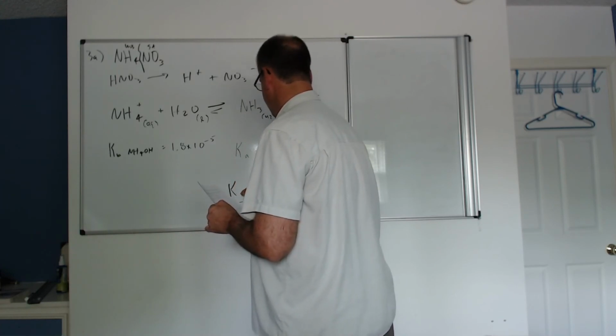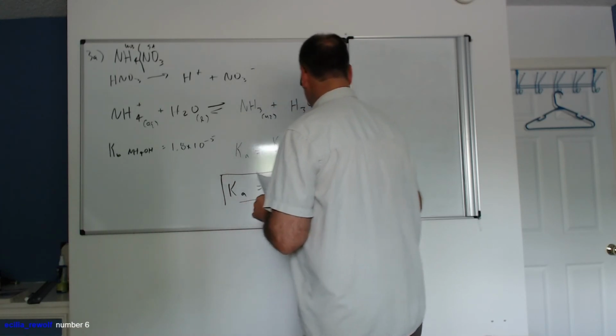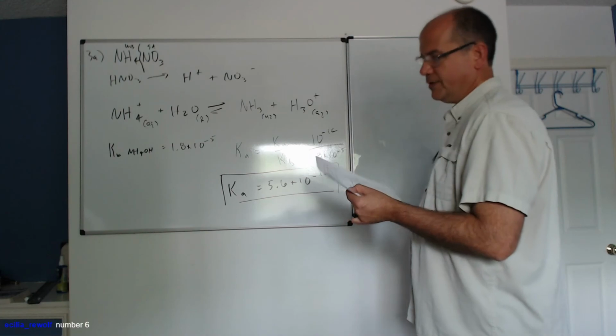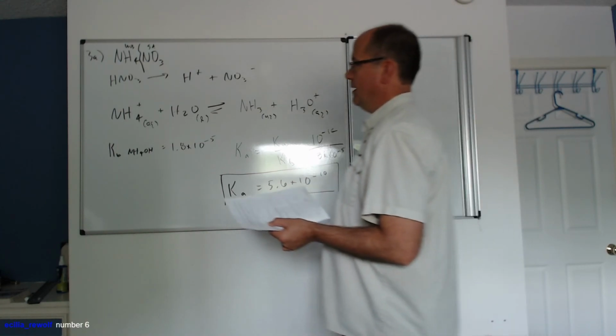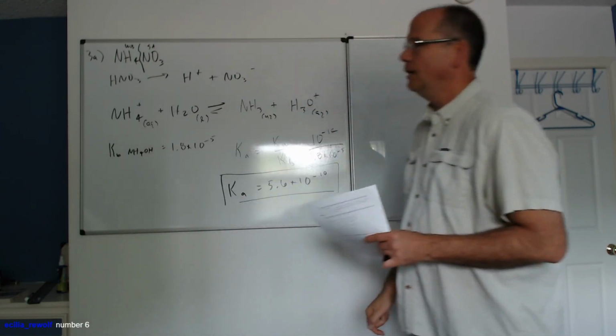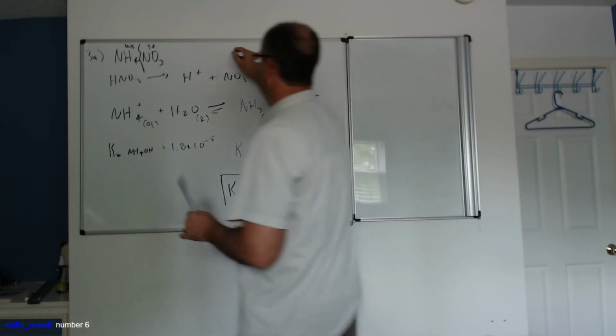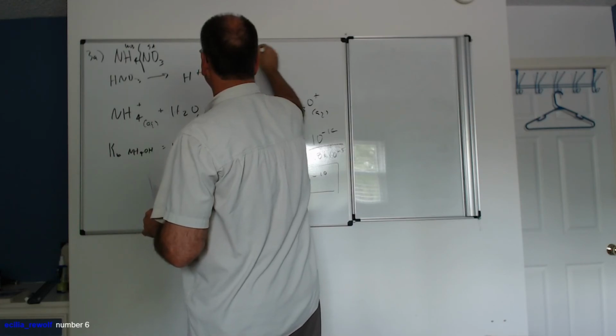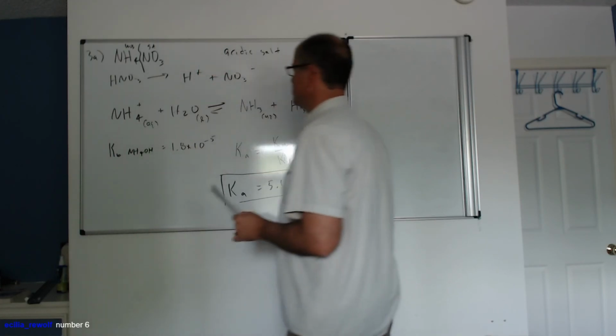This is your Ka. So that's how you would do one of those for A. So A is going to be weak base, strong acid overall, and an acidic salt.